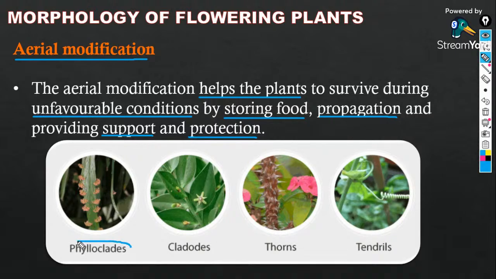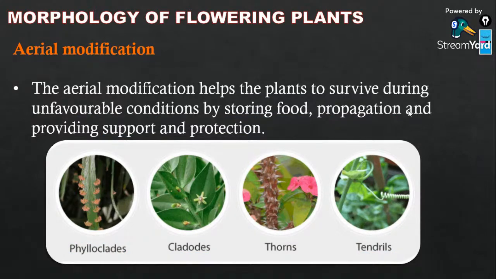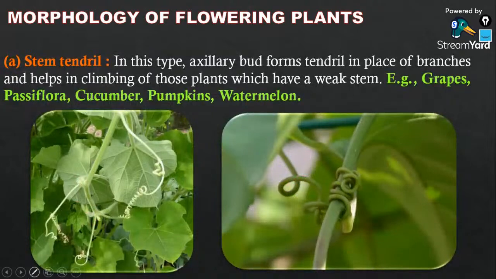In cactus and all, you will find the phylloclade, which helps in photosynthesis. You will find the cladodes in certain plants. Thorns in bougainvillea, citrus, you will find the thorns. It is actually the stem. Tendril in pea, gourds and all. They are all examples of what?